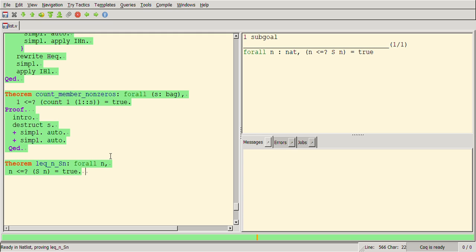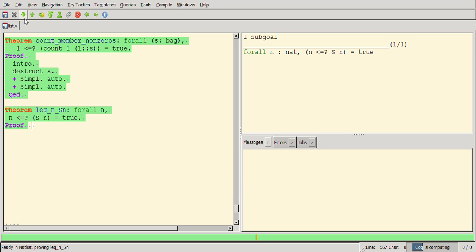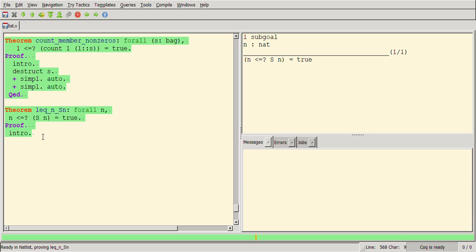Let me enter it into the proof mode, and as usual we can continue using intro, so only one variable n is moved to the hypothesis.